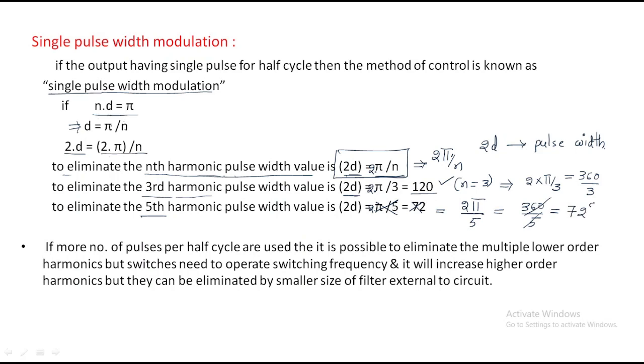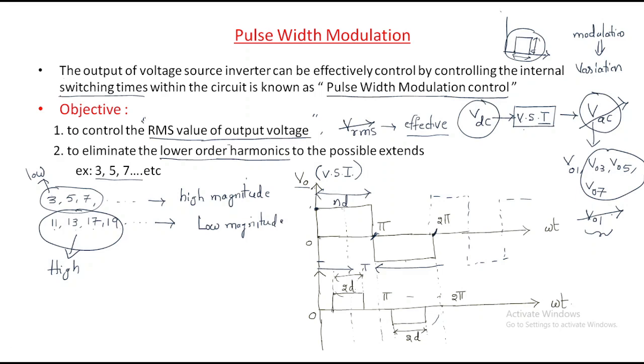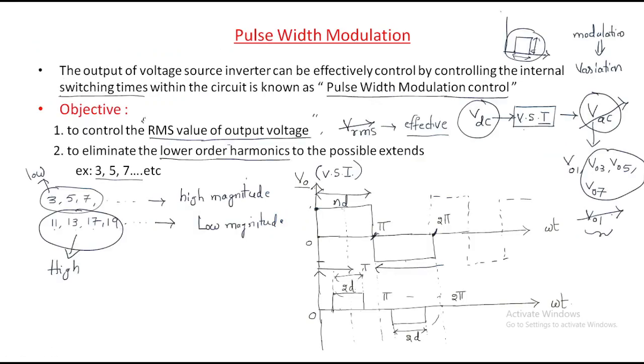So the pulse width must be 72 degrees. Understand? Generally the pulse width is 180 degrees, but in order to remove the third harmonic, this width becomes 120 degrees. And to remove the fifth harmonic, the pulse width becomes only 72 degrees. So by using pulse width modulation, we can remove the harmonics.